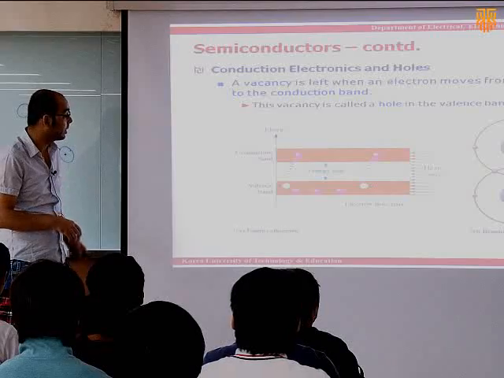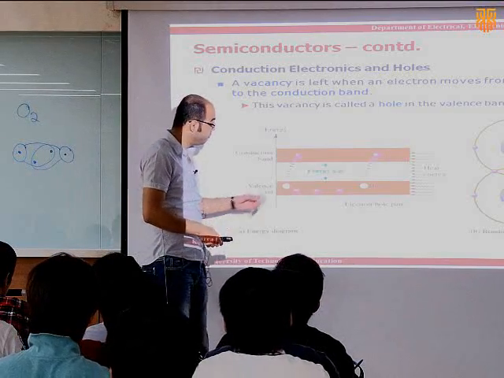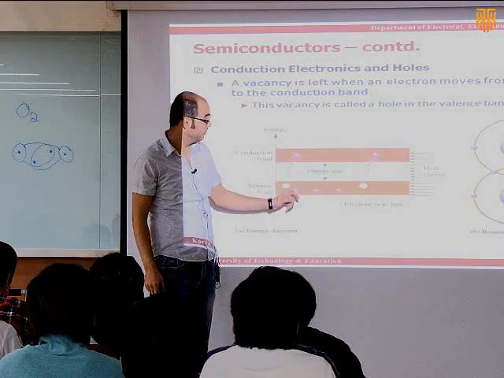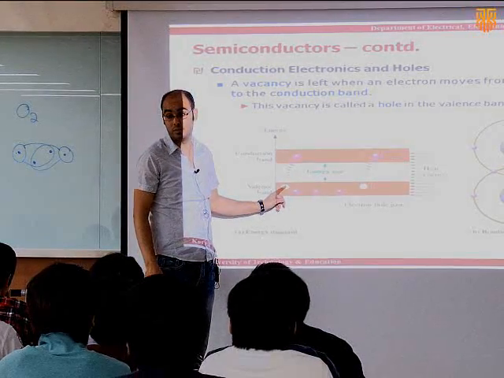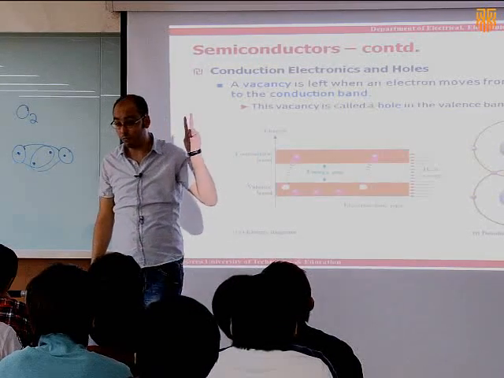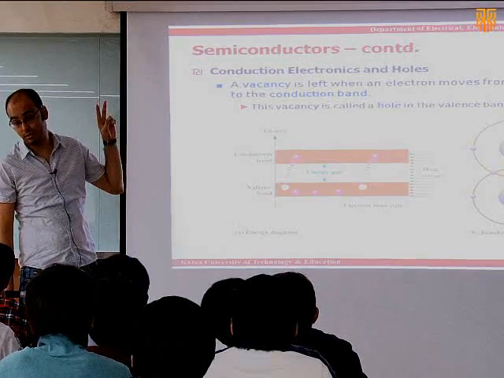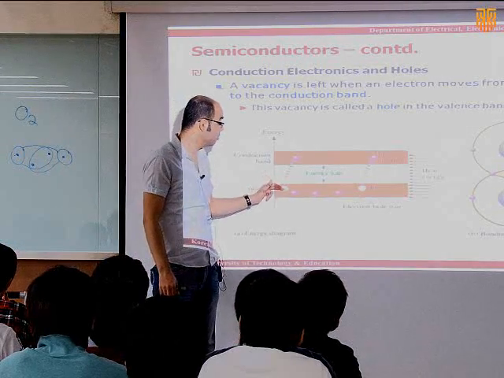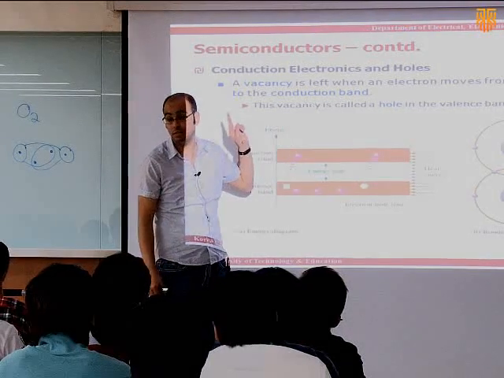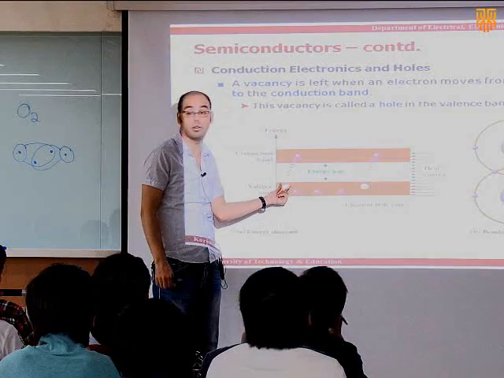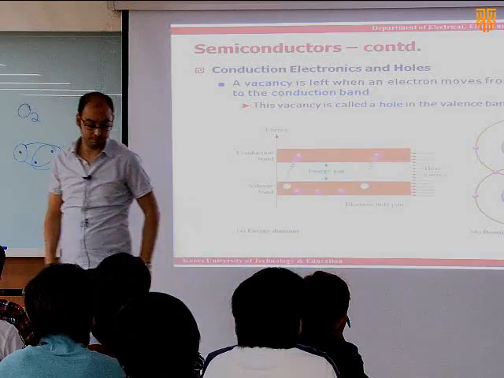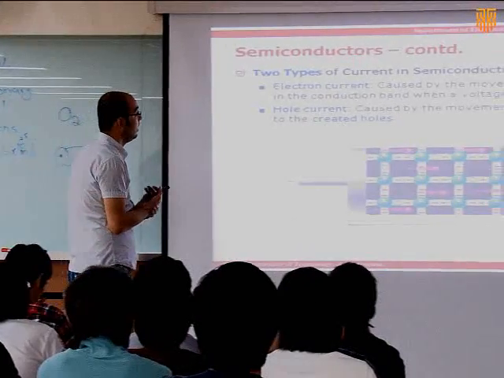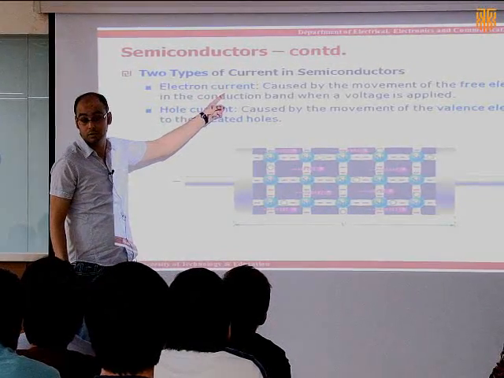So some electrons can move from here to outside, but other electrons can move from negative to positive, right? So we have two kinds of conductivity or current. The first one, these electrons are moving outside, and the second kind, these electrons are moving to the holes. This one is the electron current.